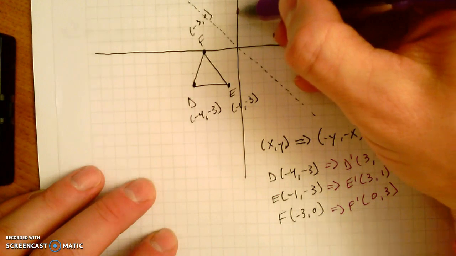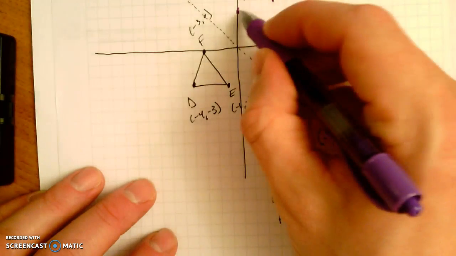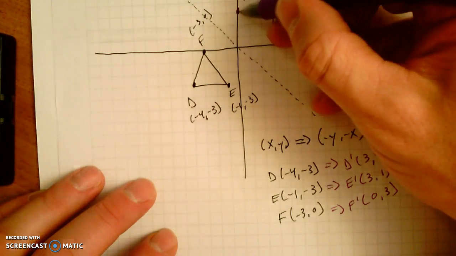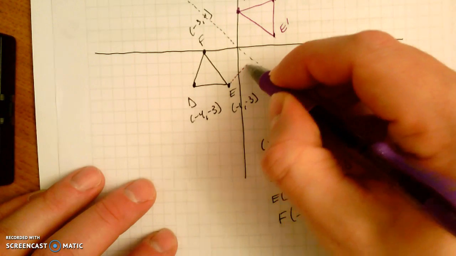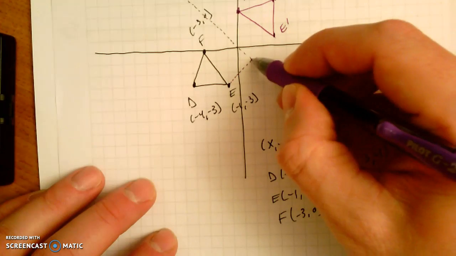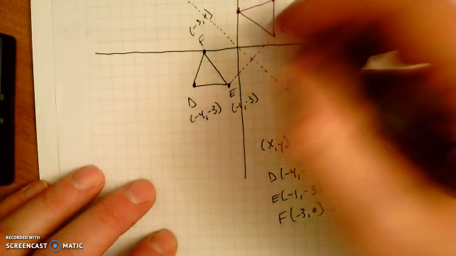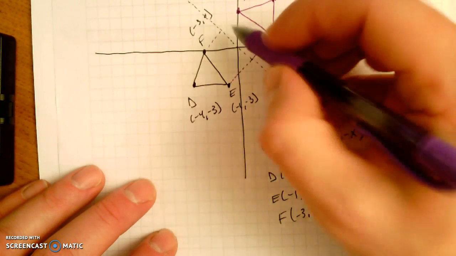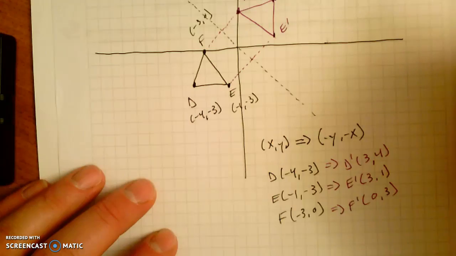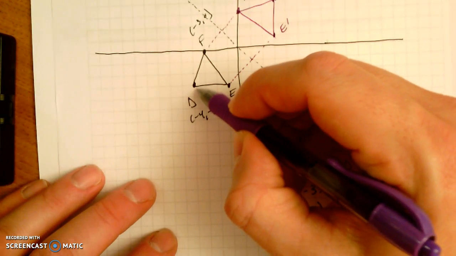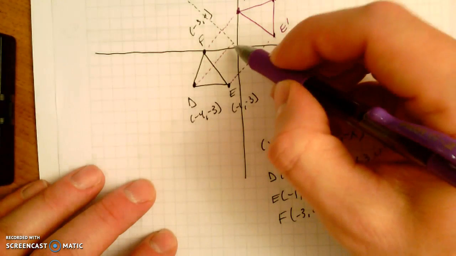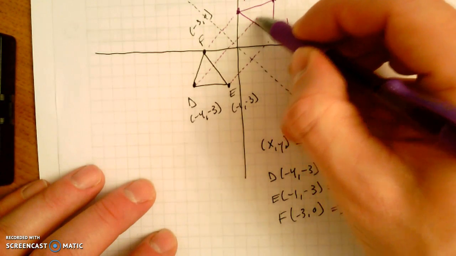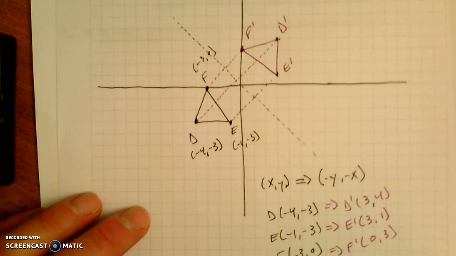And if you'll notice here, E is 2 diagonals away from the line, and its reflection is 2 diagonals on the other side. F is a diagonal and a half, and its reflection is a diagonal and a half on the other side. D is 3.5 diagonals from the line of reflection, and D prime is 3.5 diagonals on the other side.